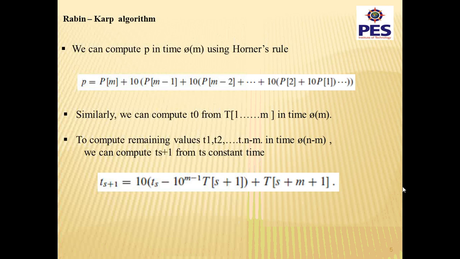Similarly, t0 is computed from the text string in big theta of m time. To compute all the remaining values t1 to t of n minus m in time big theta of n minus m, using this algorithm we can derive t of s plus 1 from ts in constant time using this equation.